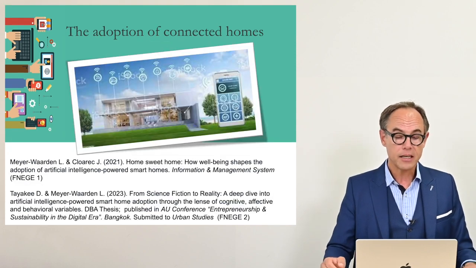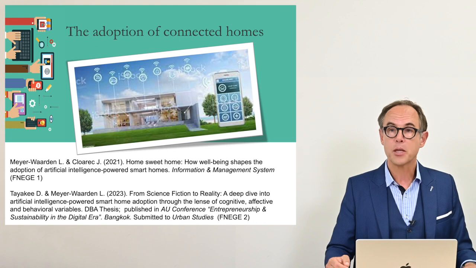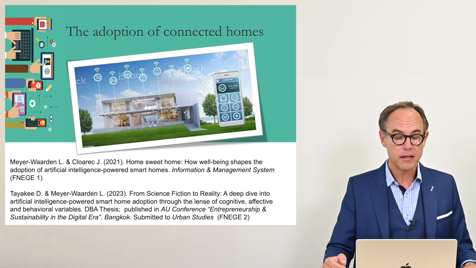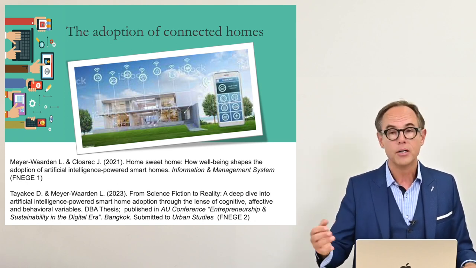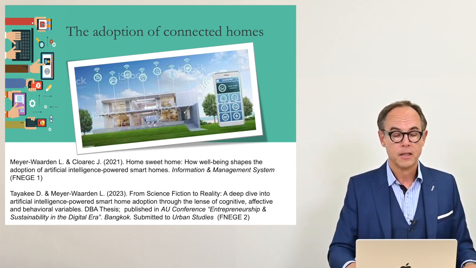You have the article about adoption of connected homes, which is published in Information and Management System journal, which is a FNEGE 2 ranking. Another article, which is actually published in a conference but submitted to Urban Studies, which is also a FNEGE 2 ranking, about the adoption of connected homes.